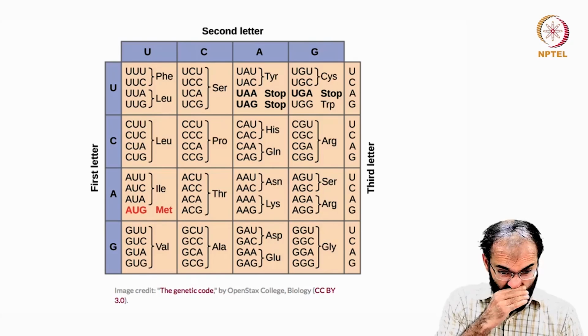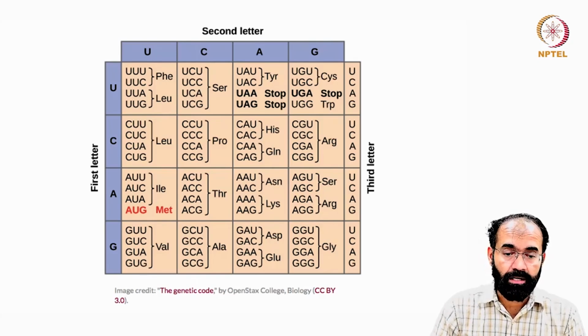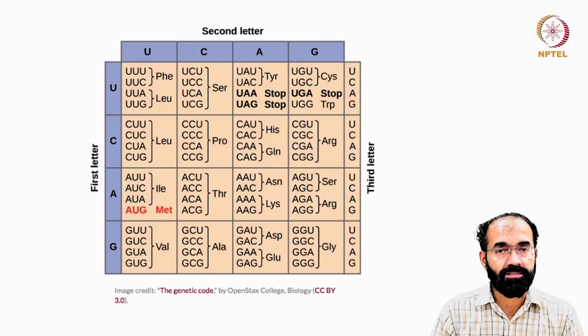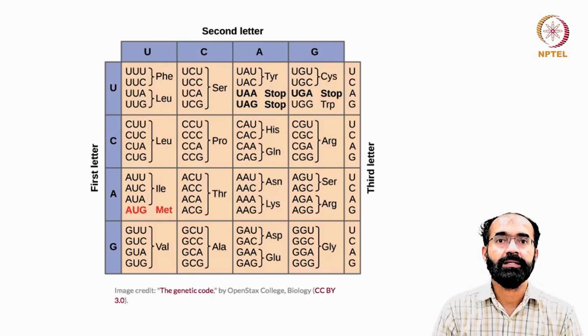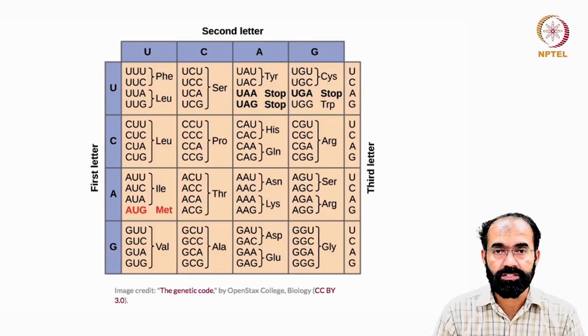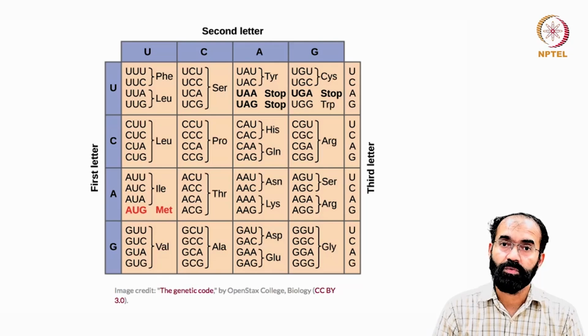So it keeps varying, and accordingly you will have different amino acids, phenylalanine, leucine, like that. This discovery was made by one of the scientists of Indian origin, Har Gobind Khorana. He also received the Nobel Prize for the discovery of the genetic code.